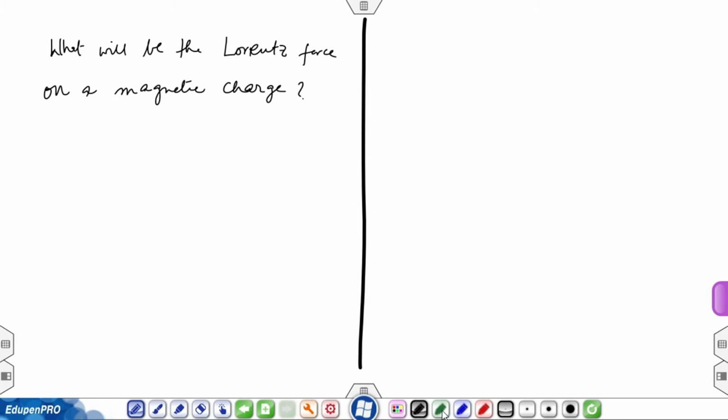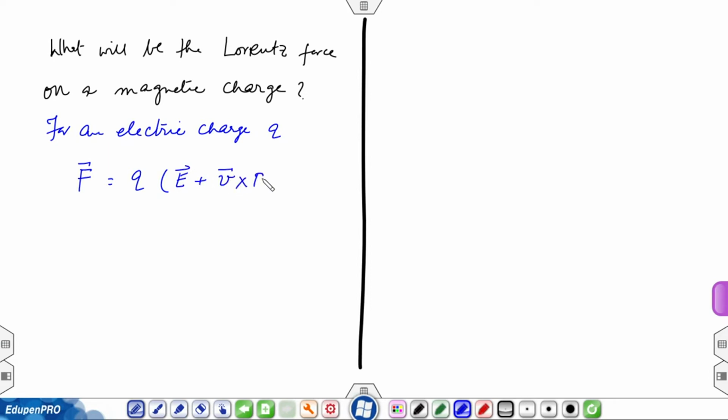Recall that for an electric charge Q, the force is given by Q E plus V cross B. And from the similarity on equations, we would expect something similar for magnetic charges also. For example, the static force on a magnetic charge F, let me write it M, would be Q m B, and is the second term that I am looking for.